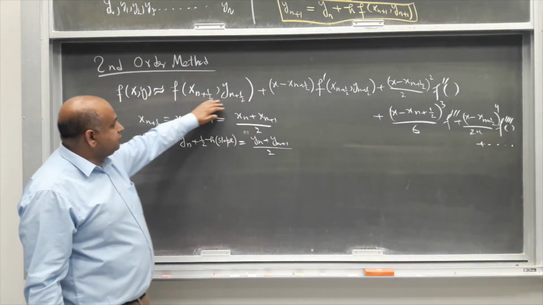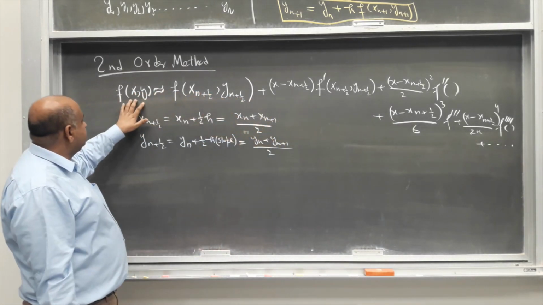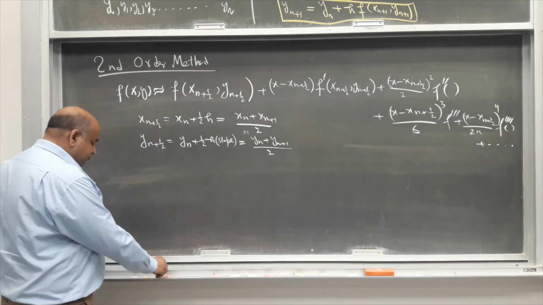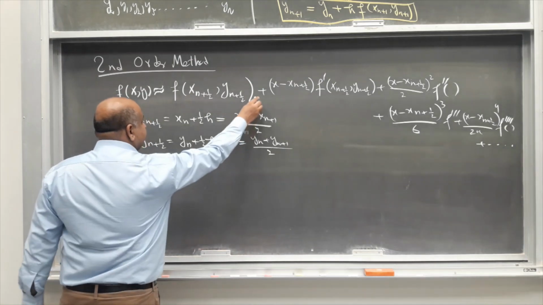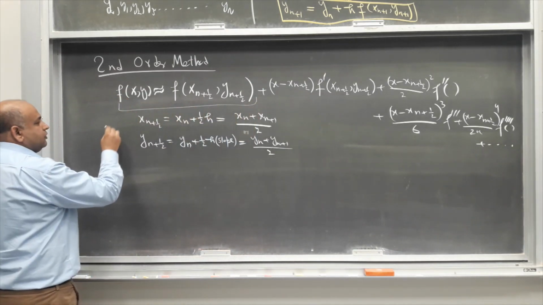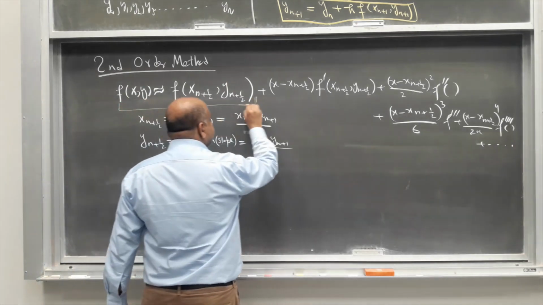So this is just the Taylor series of this function around the point x_{n+1/2}. And if I keep the first term, or actually we can keep two terms.